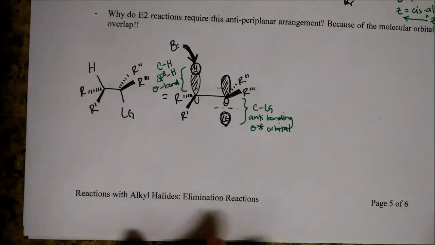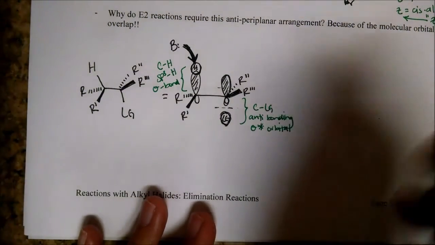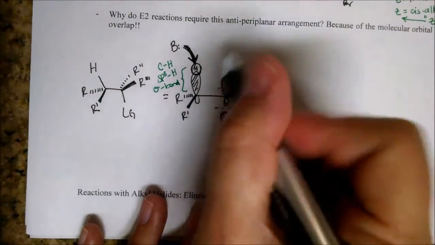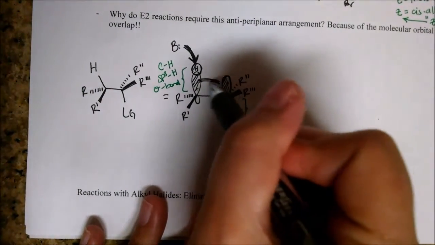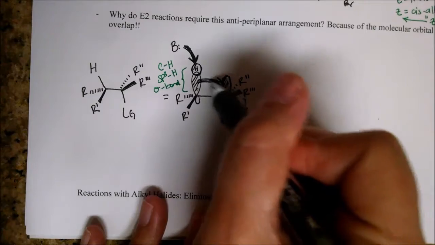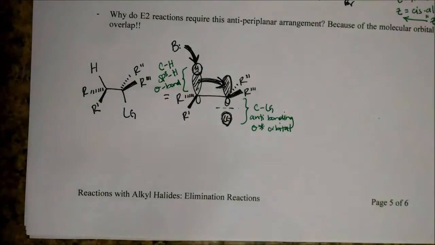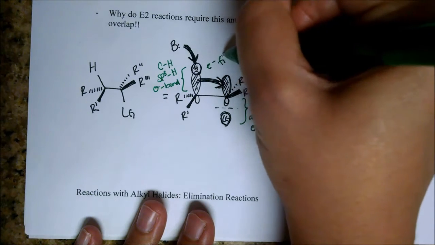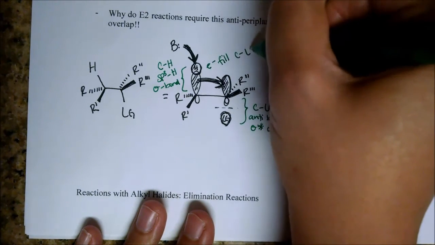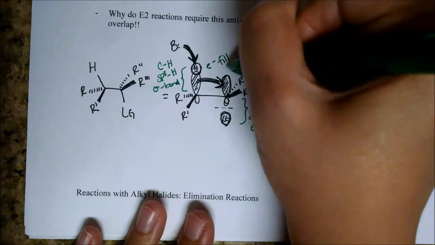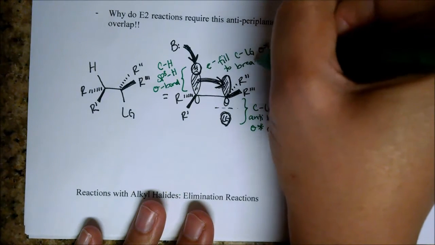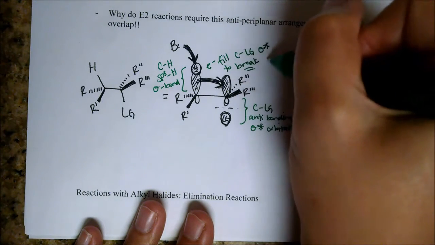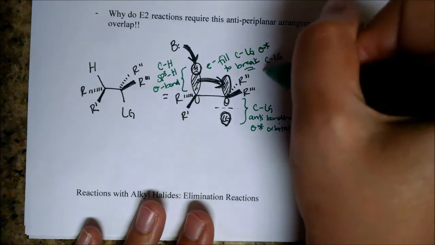So as soon as the base attacks that proton, we can then have our electrons fill that antibonding orbital to break the bond. These electrons fill the C leaving group sigma star to break that C leaving group bond.